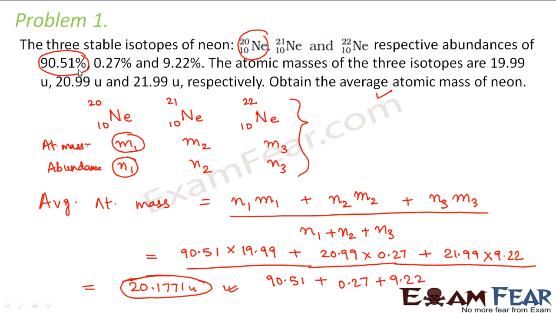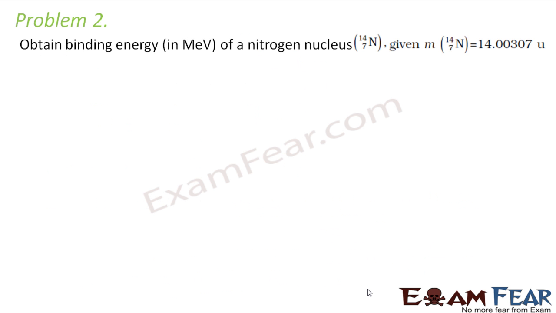So therefore 90.51% of 19.99 is its contribution. Similarly, the second one's contribution would be 0.27% of its mass. Similarly, the third one, and since we want to calculate the average atomic mass, we divided it by the amount in which they are present in the sample. So that is N1 plus N2 plus N3. Clear?